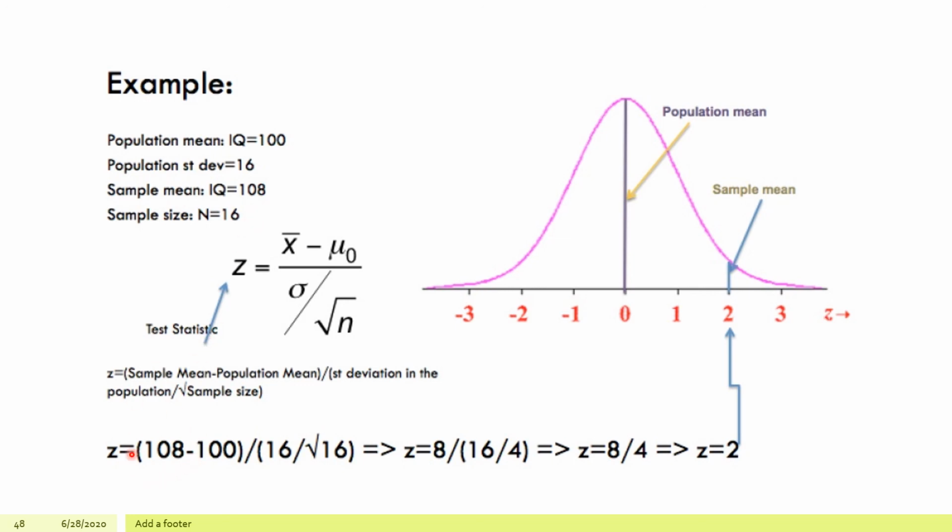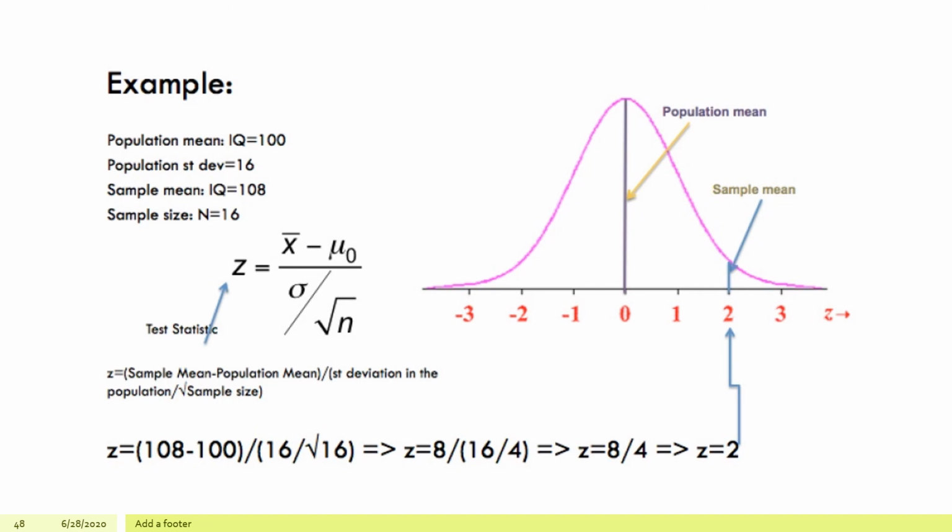So x bar, the mean of batch 23, is 108, and the mean of the whole population is 100, divided by the standard deviation, which is 16 for the population, and the sample size of batch 23 is 16, so I will put it here. By substituting all these values, I get a z score of 2.